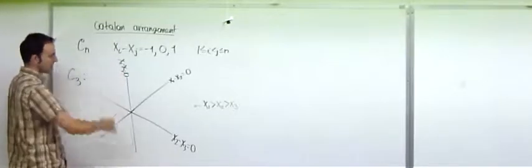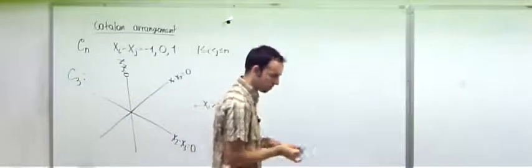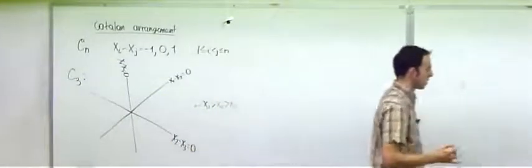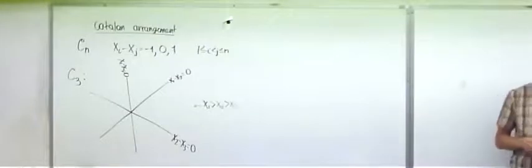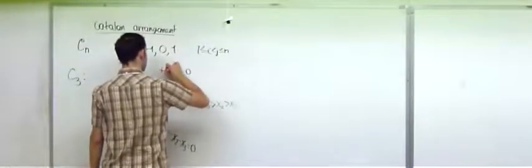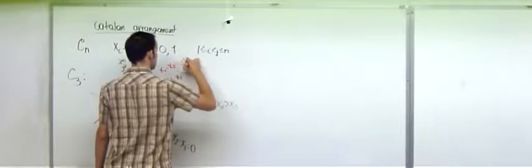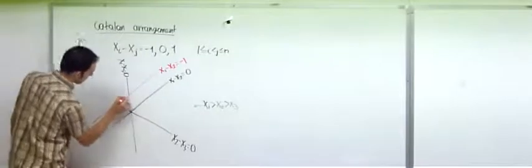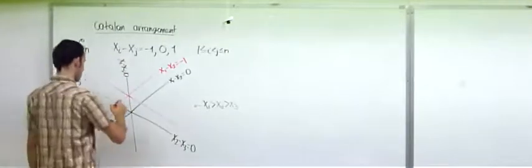So that's the braid arrangement, but then what I need to do is add some hyperplanes by shifting each one of these hyperplanes up and down by 1 unit. For example, here I've shifted it 1 unit in this direction, and it's a little bit hard to draw correctly, but it looks like this.